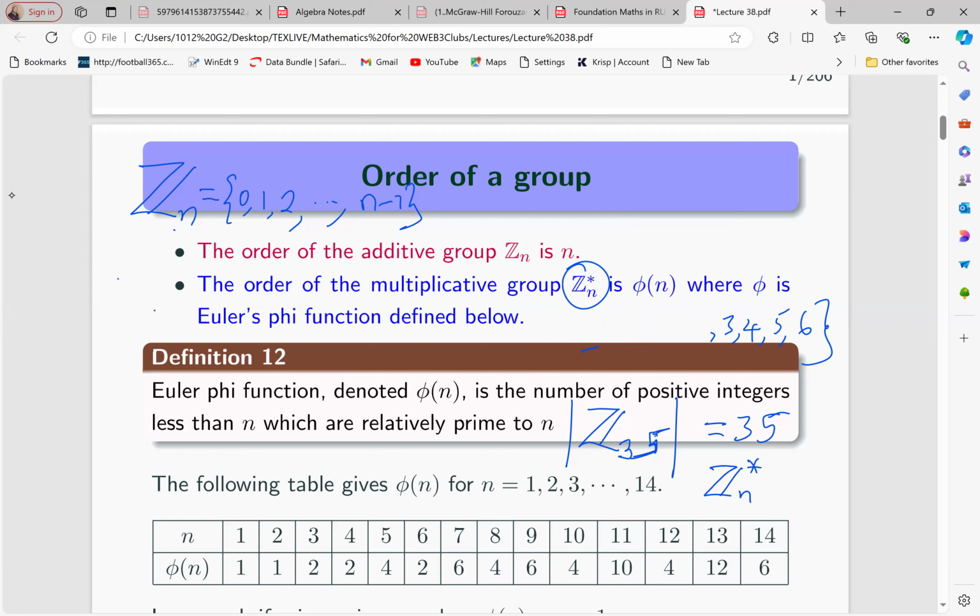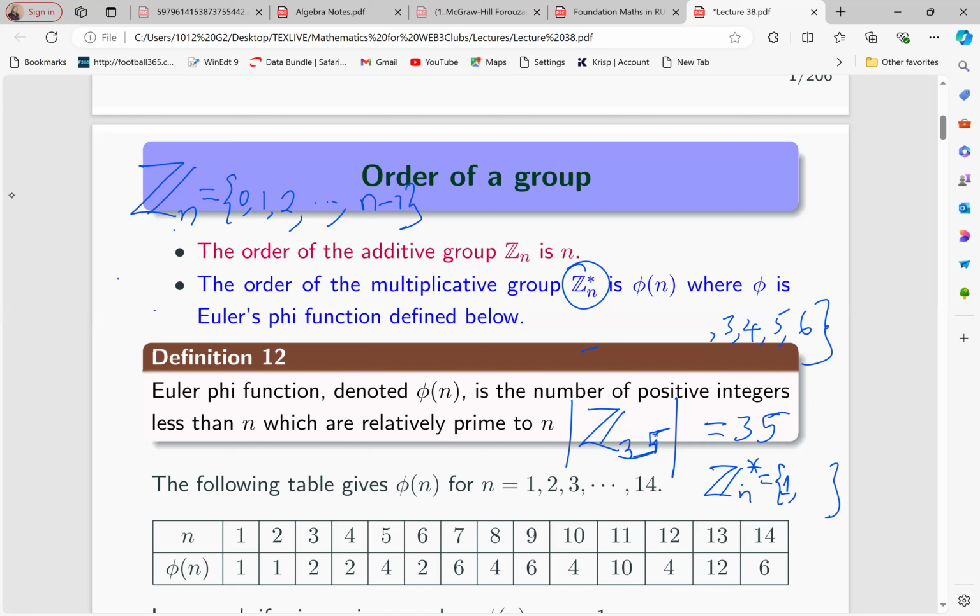Now we said for this to be a group, the elements here should be those which are smaller than n and relatively prime to n. So it will be 1 and any other elements relatively prime to n.